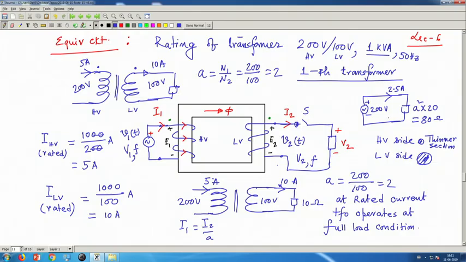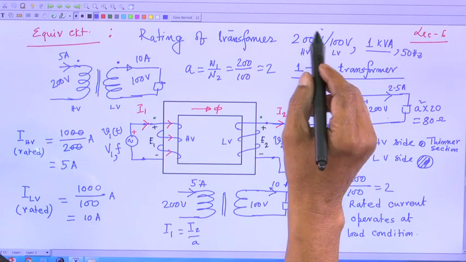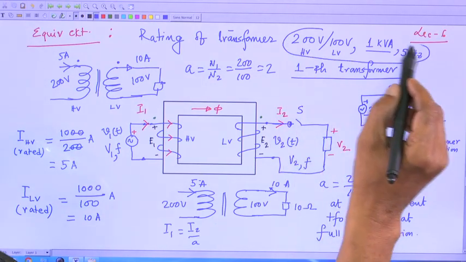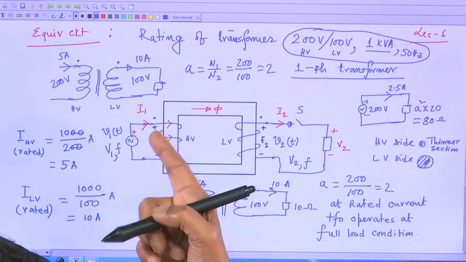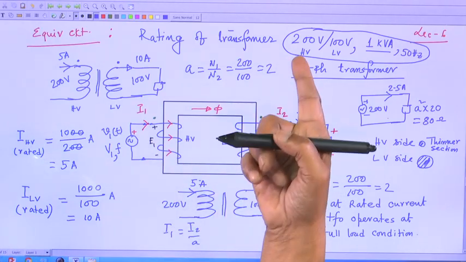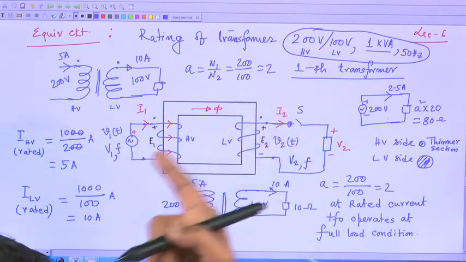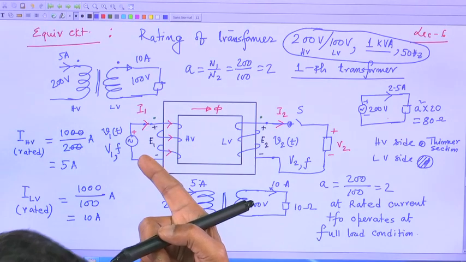So, what we have learned till now, we are still considering, mind you, an ideal transformer. Based on that I told you about the ratings of the transformer, the importance of KVA rating and voltage ratings. On the HV side, if you apply 100 volt instead of 200 volt, what is going to happen?